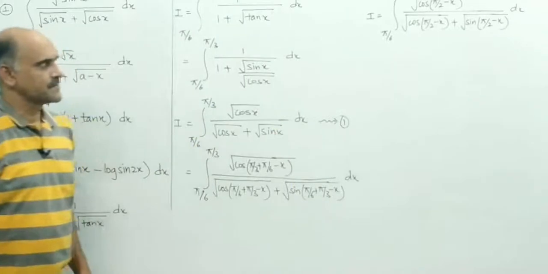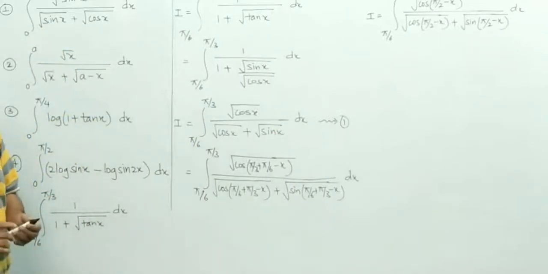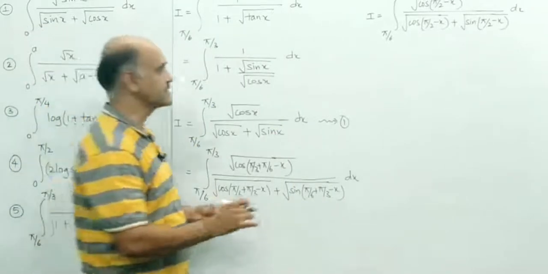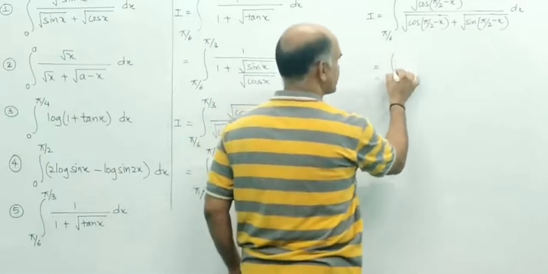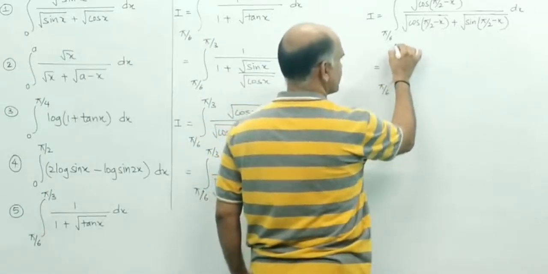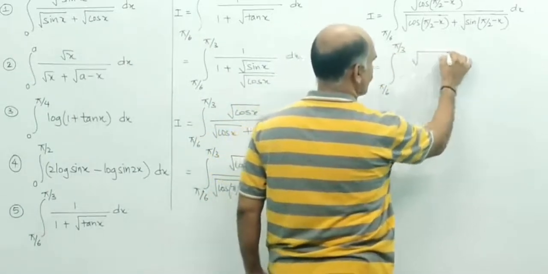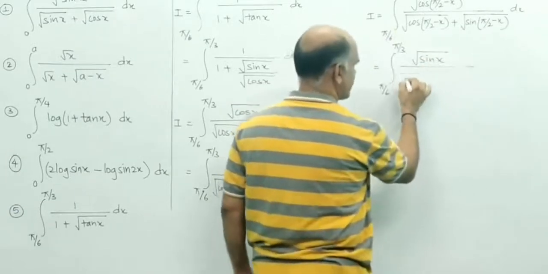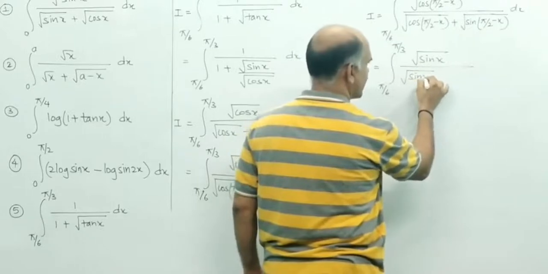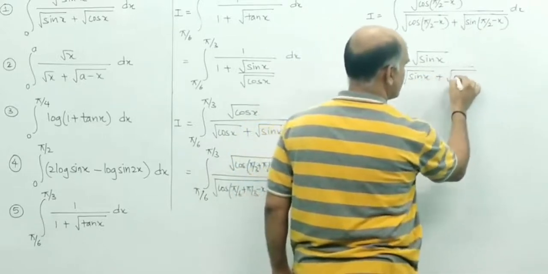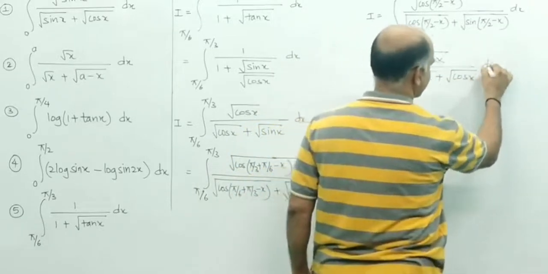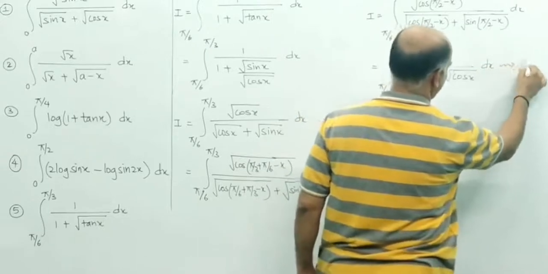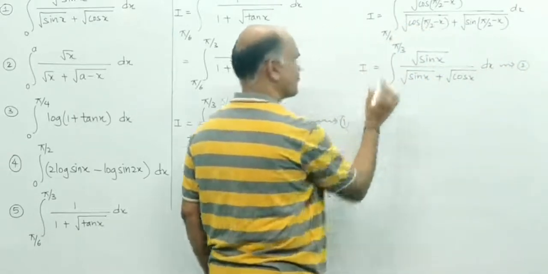Now you can simplify. Cos becomes sin and sin becomes cos. So this is the integral from pi by 6 to pi by 3 of root of sin x divided by root of sin x plus root of cos x dx. This is equation 2.